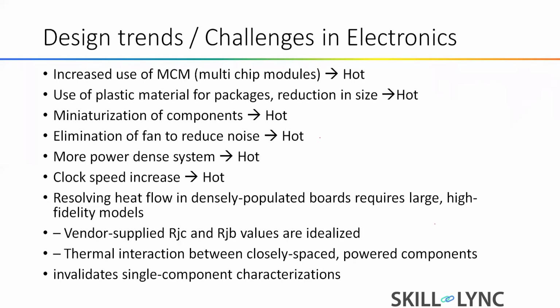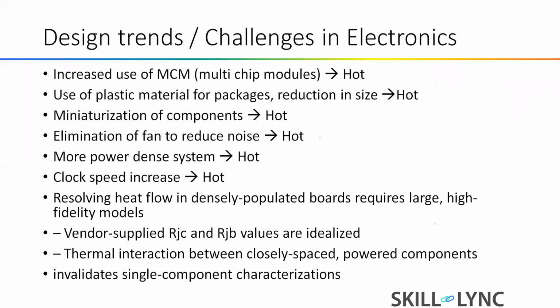In many industries, we eliminate fans to reduce noise, because a fan is a continuous operation of forced convection, and because of that we have noise. So we eliminate fans to reduce noise, and we solve the problems using a natural convection system.